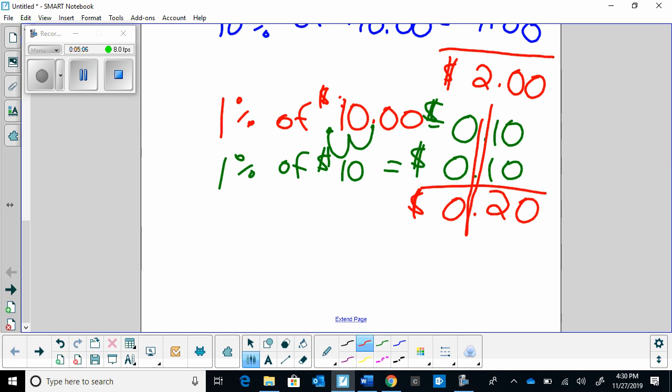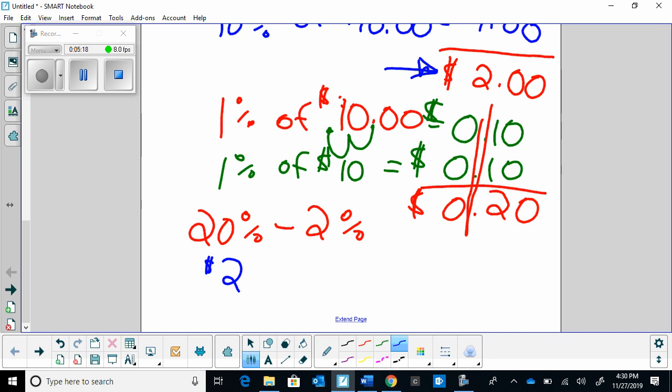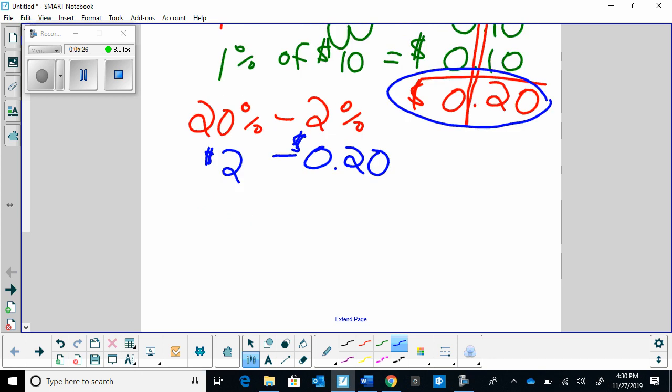So now, if we think about it, what we said is we need 20% minus 2%. Well, we calculated our 20% up here. 20% was $2. Minus our 2%. Well, we said 2% of 10 was 20 cents. So what's $2 minus 20 cents?